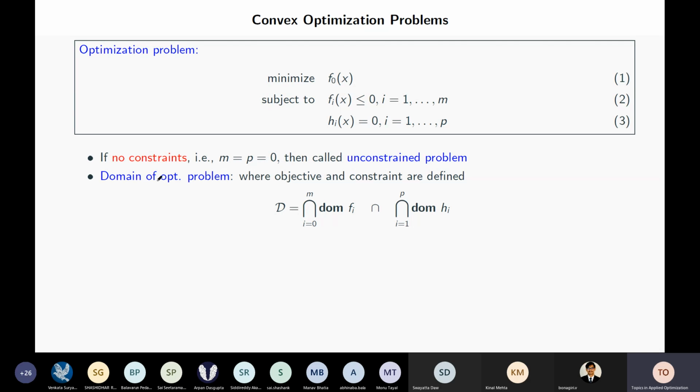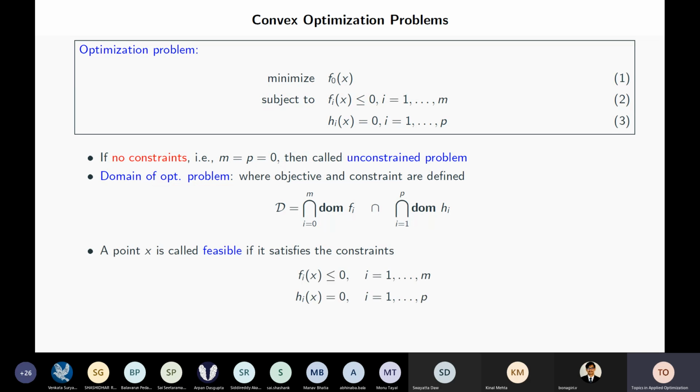The domain of our optimization problem will be the intersection of the domains of all these functions: objective function, inequality constraint functions, and equality constraint functions. This f i for i equals 0 includes the objective. So you have to take the intersection of all the domains, and that will be the valid domain over which you can talk about minimizing. That's the natural thing.